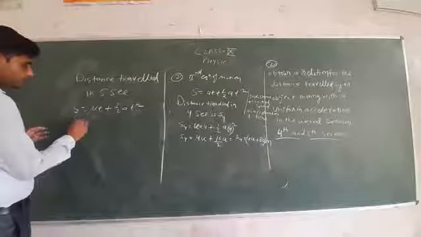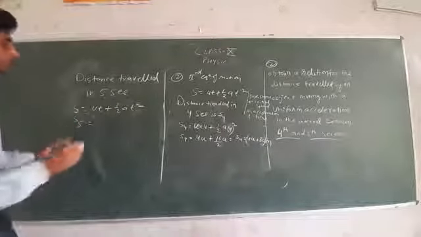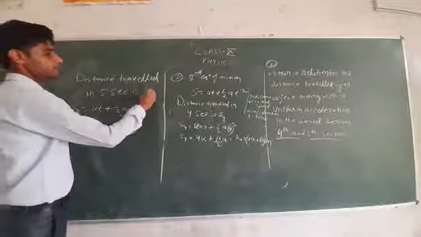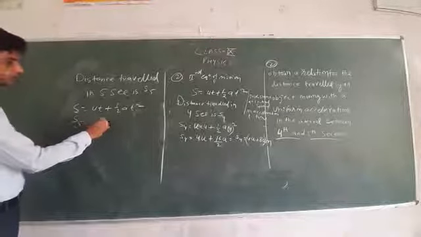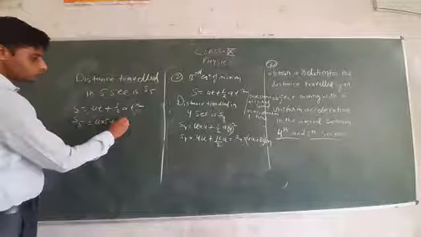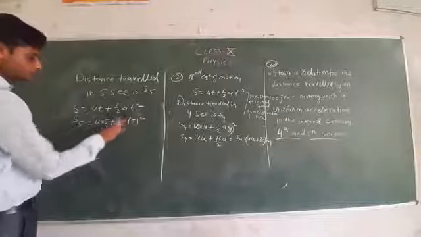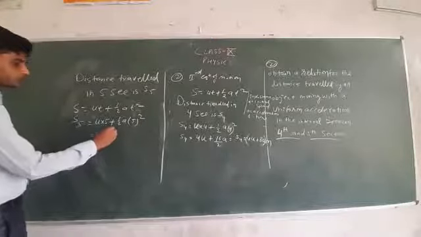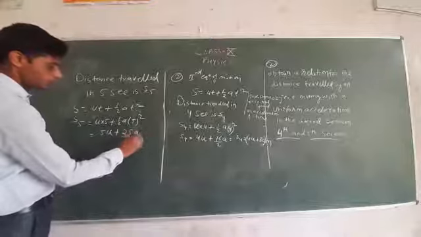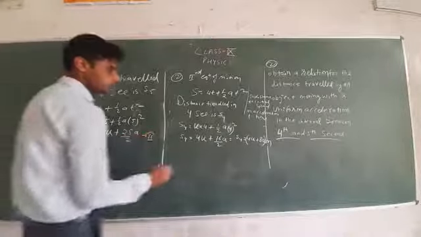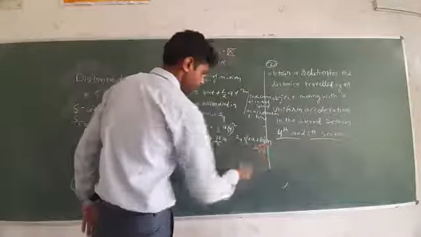Let this distance be S5. So S5 equal to u into 5 plus 1 upon 2 a 5 square. So 5u plus 25a upon 2. This is the second equation and this is the first.